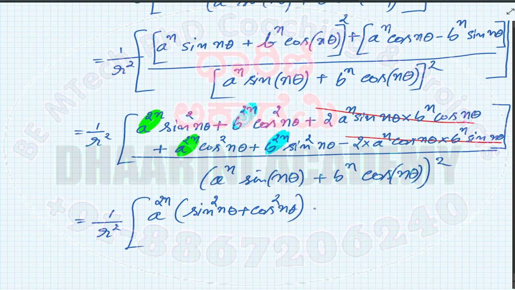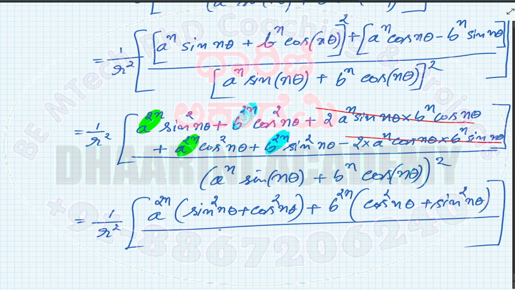Plus, when I take b to the 2n common, I'm left with cos square n theta plus sine square n theta. Whole divided by the same thing, a to the n sine n theta plus b to the n cos n theta, the whole square.